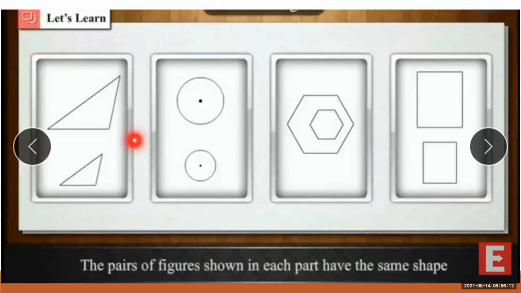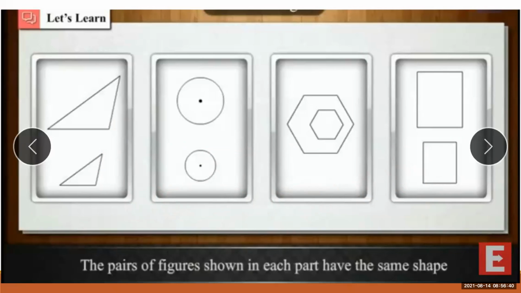Regarding the two triangles, the first one is bigger and the other one is smaller. Also in these two circles, one is bigger, another is smaller. Same for this and same for this. That is what it means when two shapes are of the same shape, but their sizes are different.